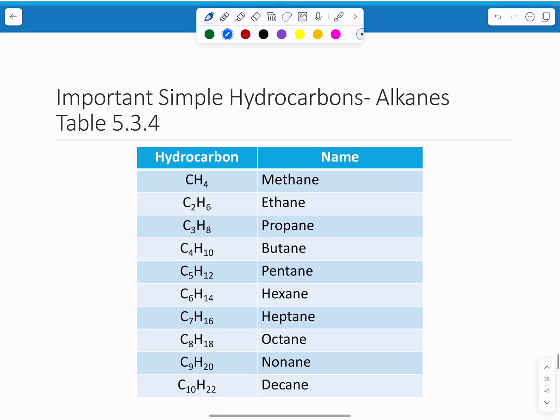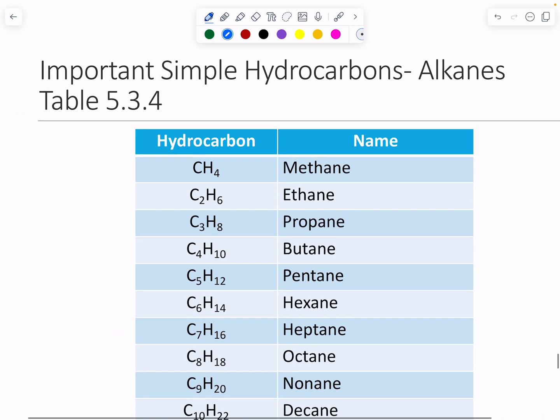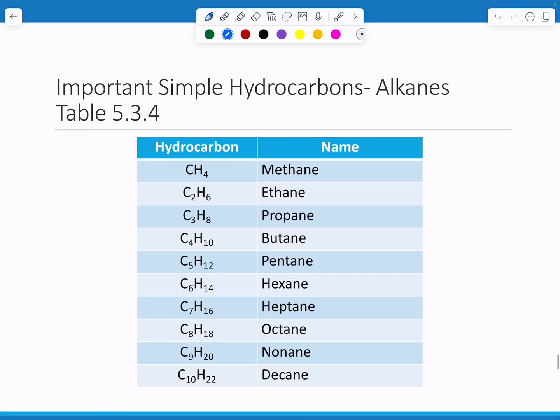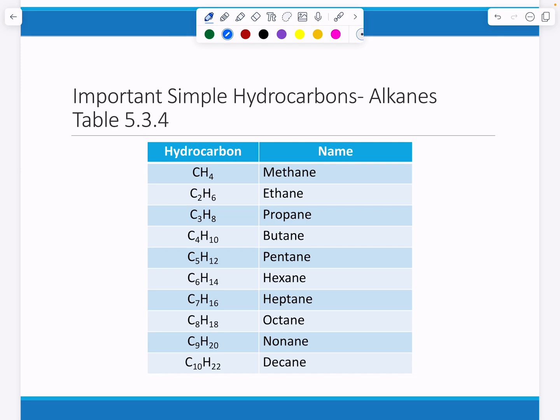Again, when we have carbon compounds, we give them different names. There is, of course, a systematic way of naming every atom in the compound, but there are a series of compounds that have what we call more common names.